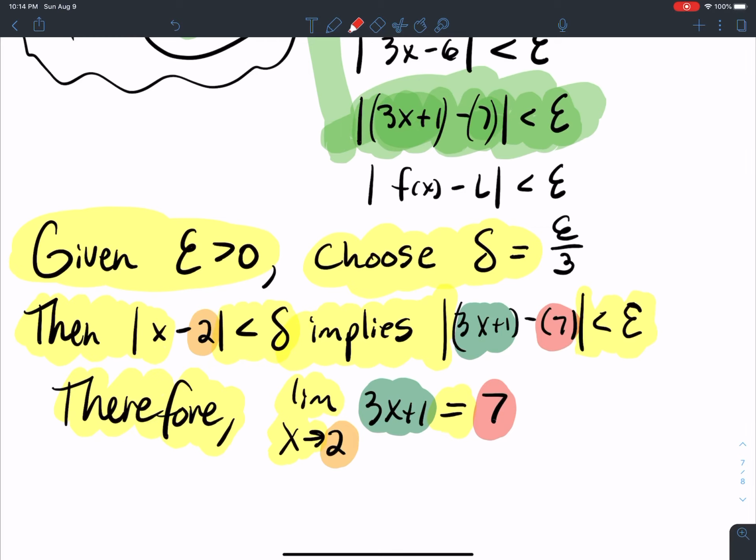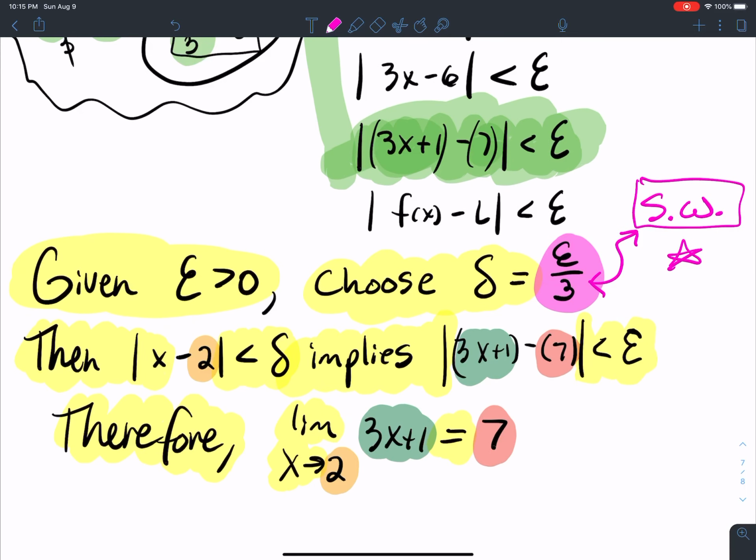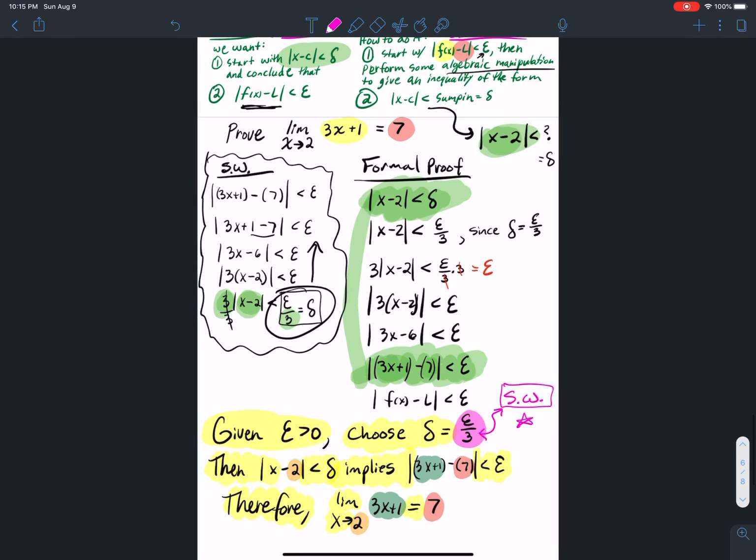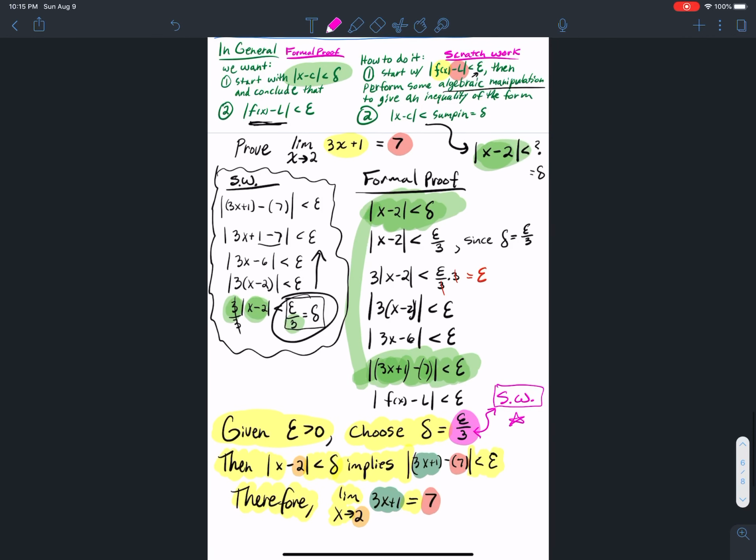Now the only thing that's the oddball is this piece right here. And this piece is found through the scratch work. And that is why we do the scratch work first before we do our formal proof, because that was the whole point of the scratch work, to get that delta value. And remember, you choose that minimum, that smallest one, and go from there. Okay? So hopefully this gives you a better understanding of how to write up these formal proofs.